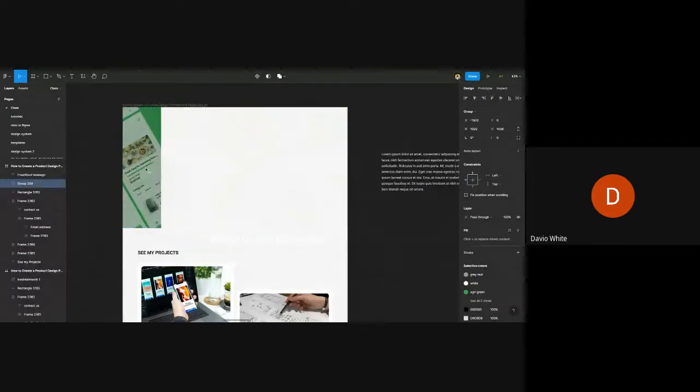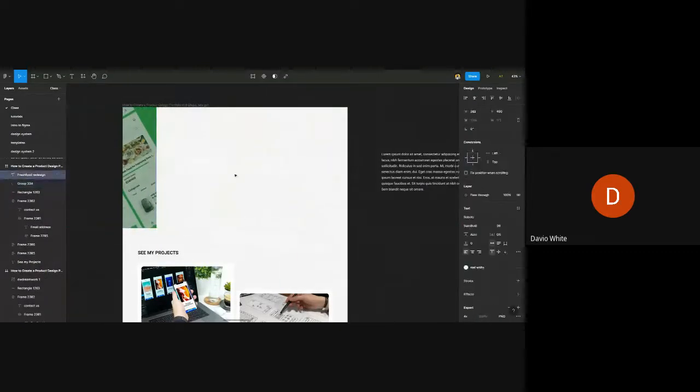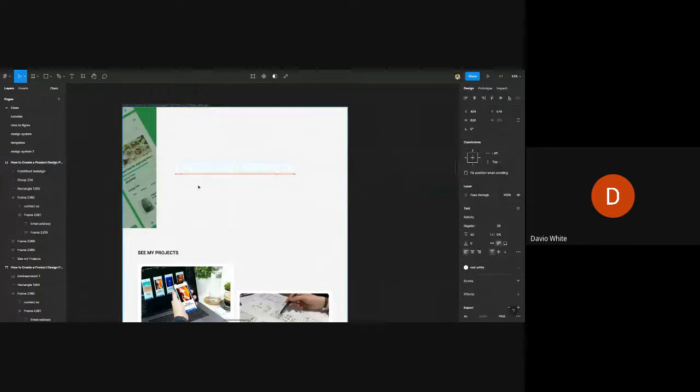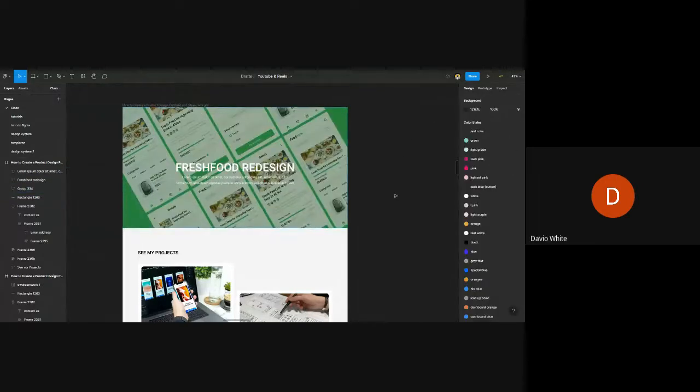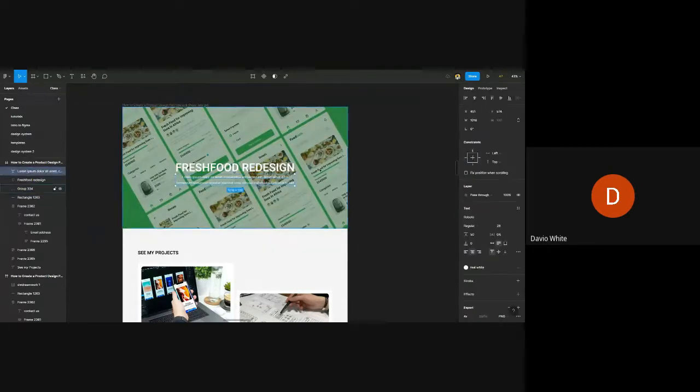Let me push it aside. I don't have that much time. All right, so fresh food redesign, and I have a small description of what it is about. So we're going to just put this text. I'll centralize this text, centralize this, and I just have to click centralize and it will just do that for me.